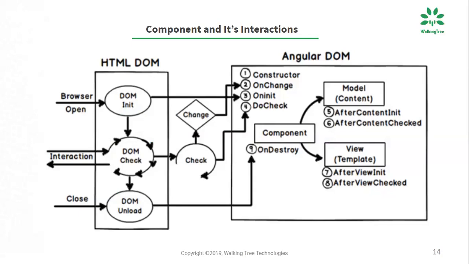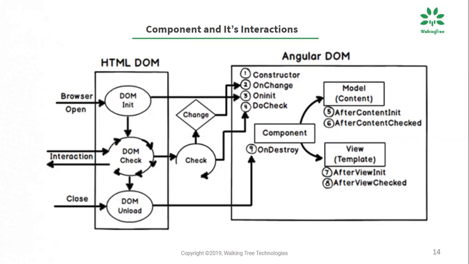It is also called only once in its lifetime. We can say that all init hooks are called only once in the component lifecycle. We have three inits: on init, on content init, and on view init. These will be called only once in the lifecycle.